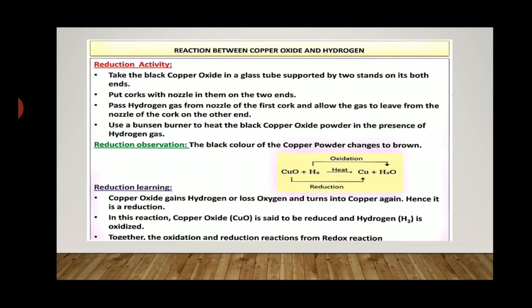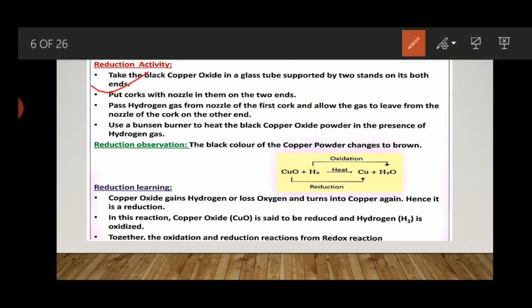You have to take black copper oxide in a glass tube, supported with two stands on both ends. Just take a test tube and put black copper oxide in it. After that put corks with nozzles on the two ends. You have to put a cork on both the ends.